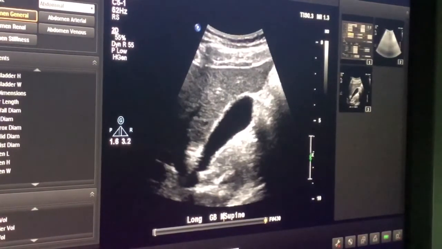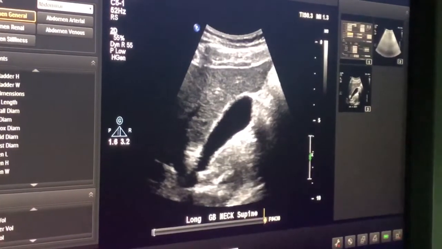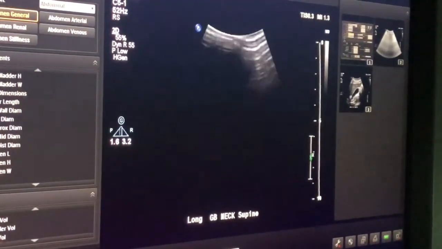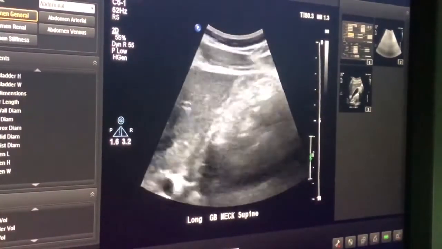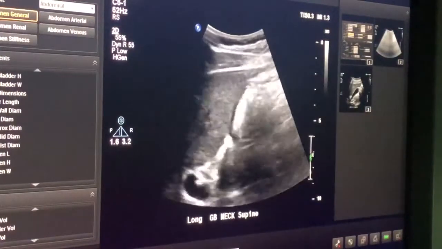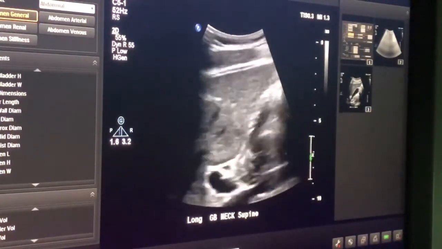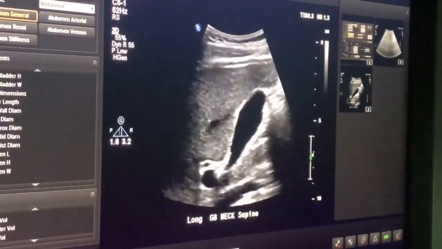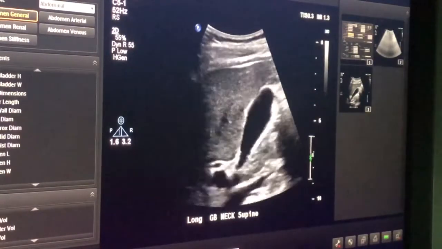And next, I'm going to be focusing on the neck in long. I'm going to have the patient take a deep breath in again, please. And so, I'm trying to elongate the neck as much as I can.